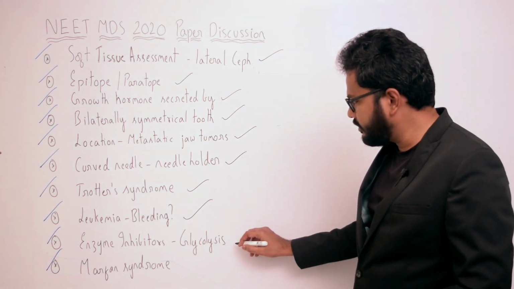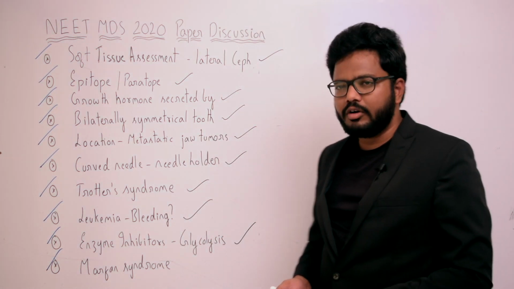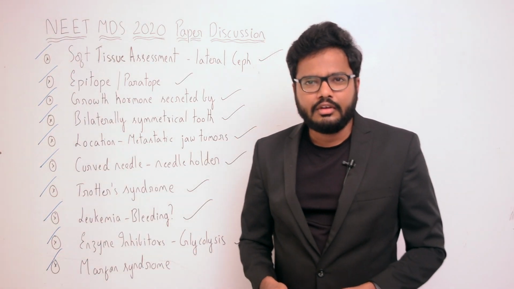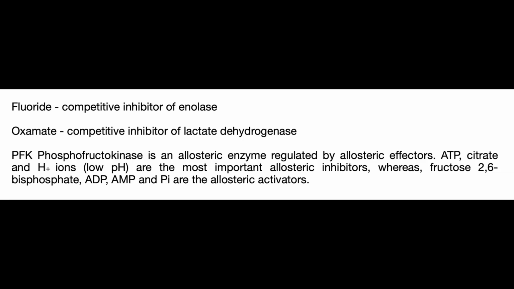Moving on to the next question, enzyme inhibitors in glycolysis, which we discussed in classes. In the case of phosphofructokinase, the allosteric inhibitors include ATP, citrate, and H+ ions, that is low pH, and allosteric activators include fructose 2,6-bisphosphate, ADP, AMP, and inorganic phosphate. Remember, phosphofructokinase is an allosteric enzyme regulated by allosteric effectors, which we discussed now.